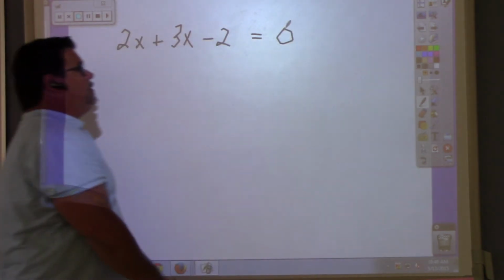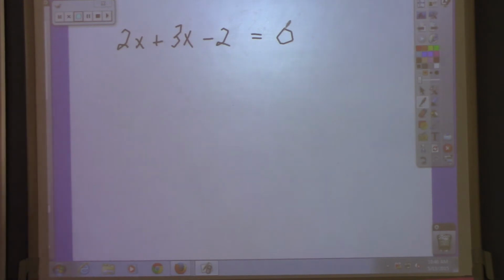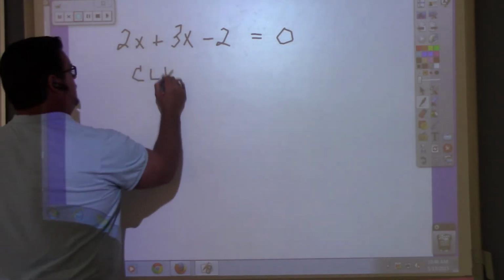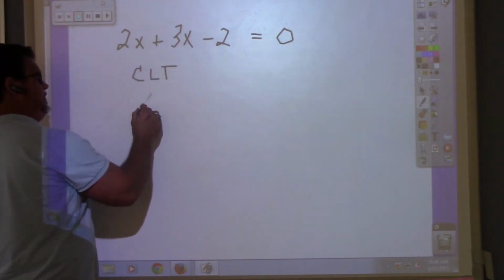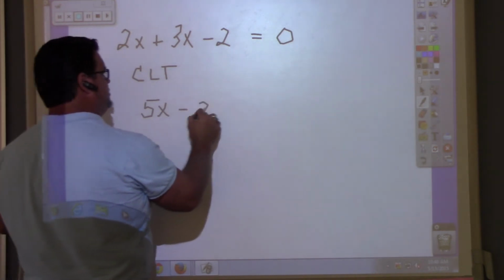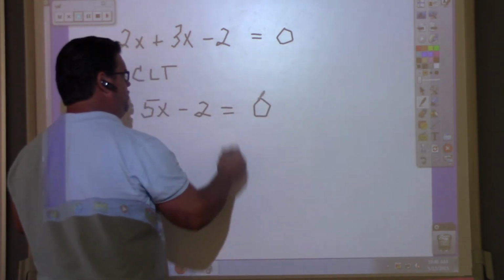Now this is an equation. And of course, we're talking about pre-algebra to algebra 1, somewhere in there. And what's the first thing you're going to do? Combine like terms. And that's going to give you 5x minus 2 is equal to 0.